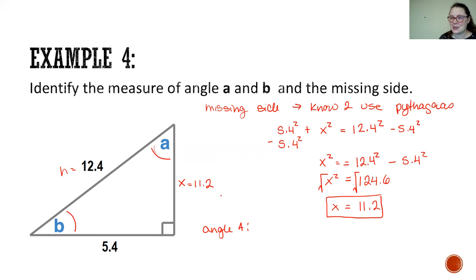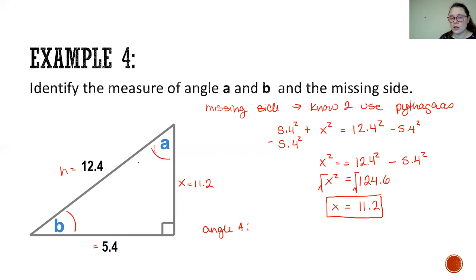So you guys have been patient with me on those things, but usually I'll recommend use as many numbers as you can that you haven't calculated. It eliminates error. So we have angle A here. 5.4 and 12.4 we haven't calculated, so let's use those numbers. It's possible you screwed up Pythagorean theorem and you don't want to lose a whole question.